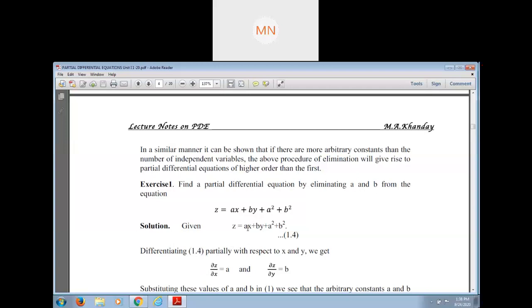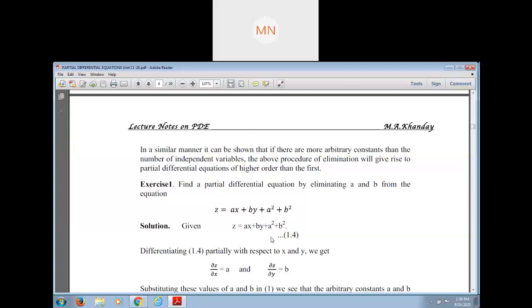If we differentiate with respect to x, then we consider y as a constant. Remember this thing. Suppose there are three independent variables, with another independent variable t also.